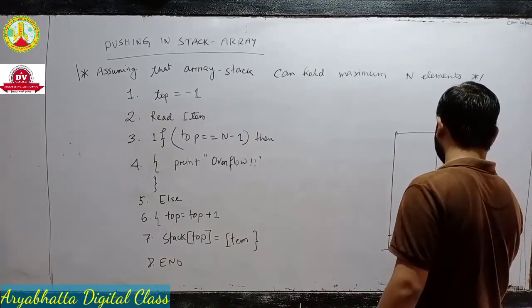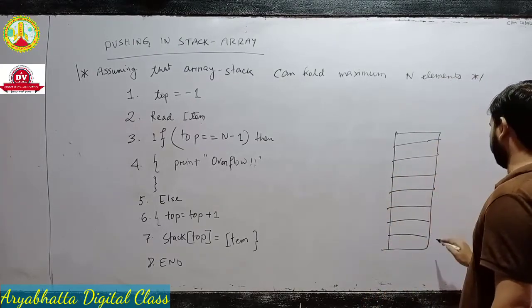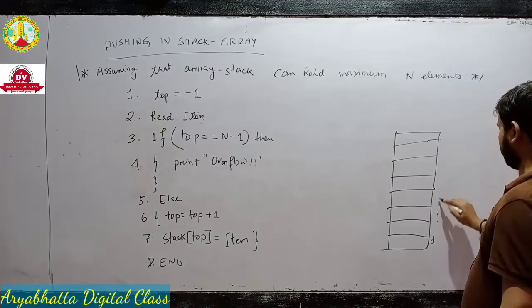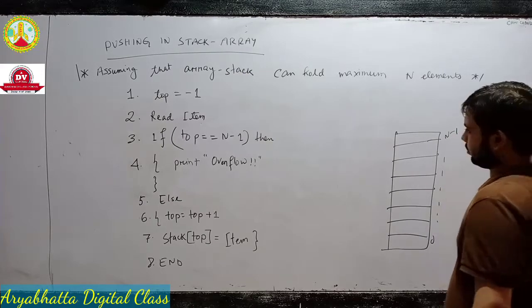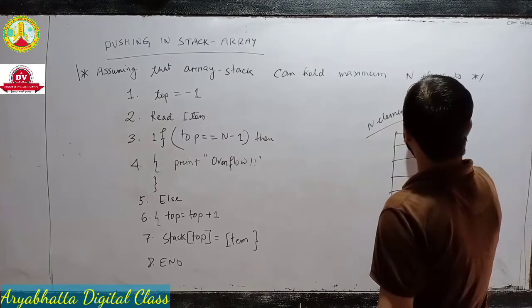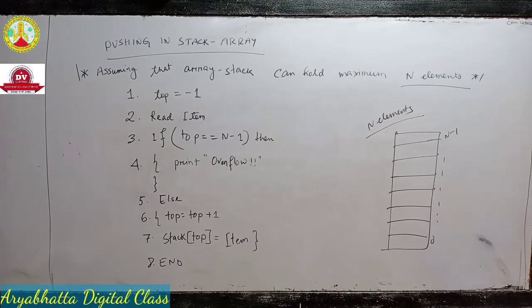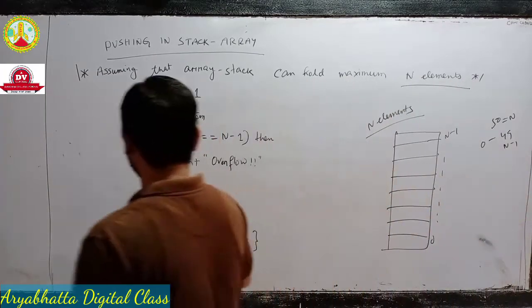So this is a stack, and your index is initialized from 0 to n minus 1, because of maximum n elements. Since the index starts from 0, it ends at n minus 1. Like 50 elements means what? 0 to 49. If 50 is n, this is n minus 1. A mathematical concept. The remaining you will see.